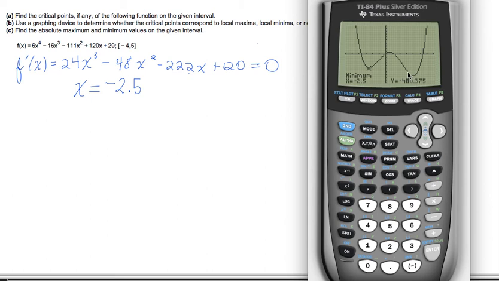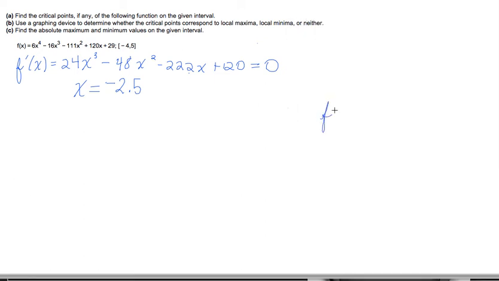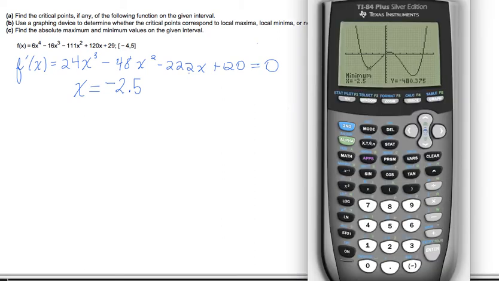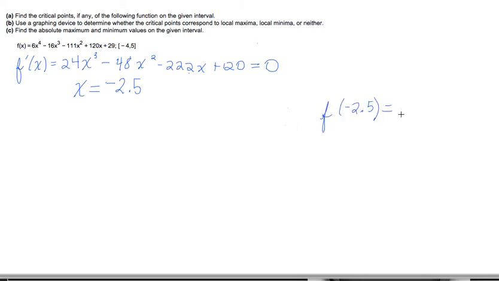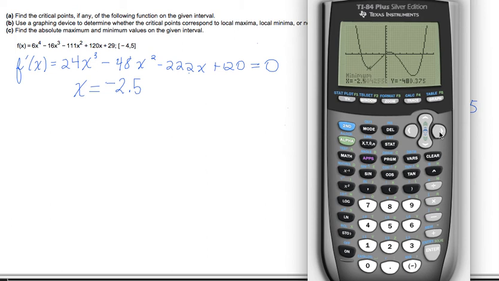Okay, that's one of the critical values, and let's go ahead and make note of that y value as well because we may need that. -480.375. So f of -2.5 is -480.375. It sounds like it's probably exact, but I'm not for sure.